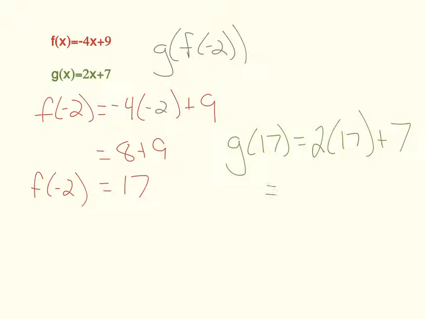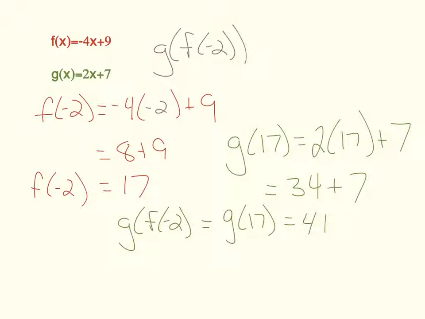So when we do that, we get 34 plus 7, which makes g of 17 equal to 41. Well, g of 17 is the same as g of f of negative 2. So either way is correct and will yield the same answer as long as you do it correctly. So it's kind of your choice.